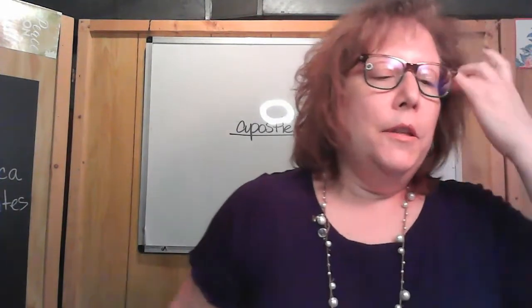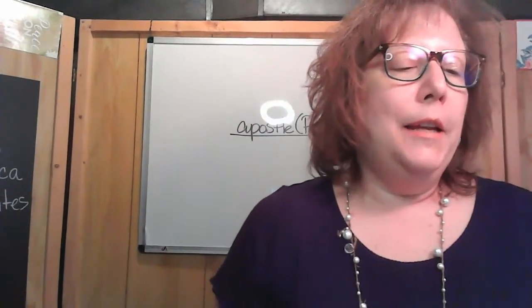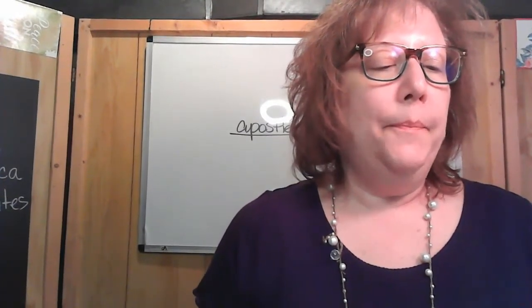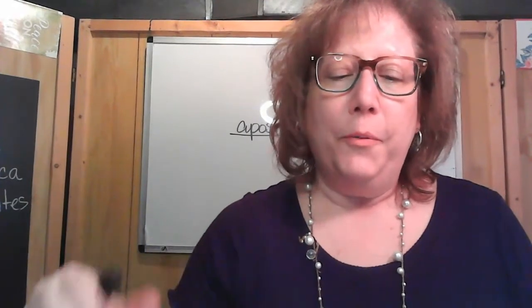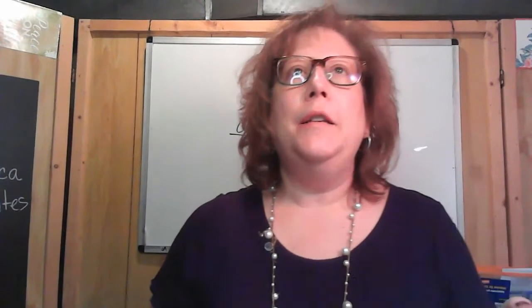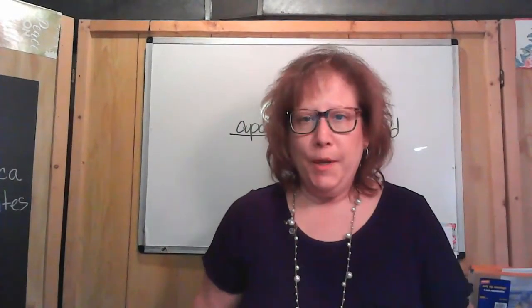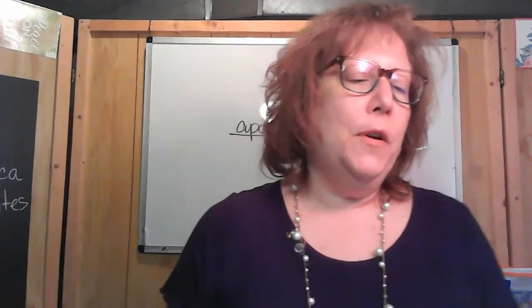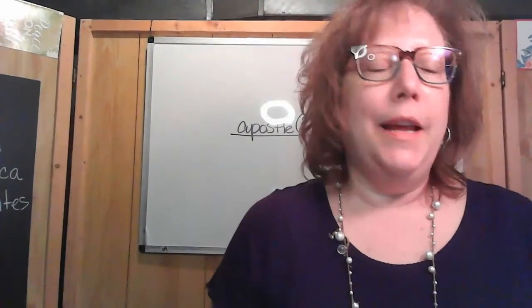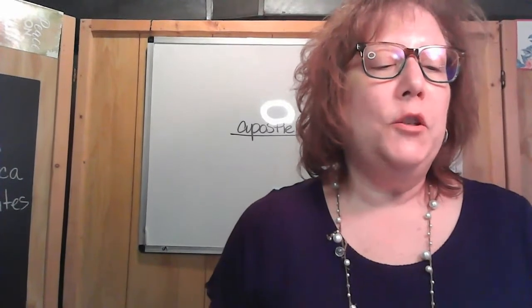Now, there are some other independent elements, and if you look on page 46, halfway down, there's, I don't know, 3 or 4, maybe 4. And they're things that we have seen before. If you've been in this program, you've seen some of these before. The first one is called the noun of direct address.